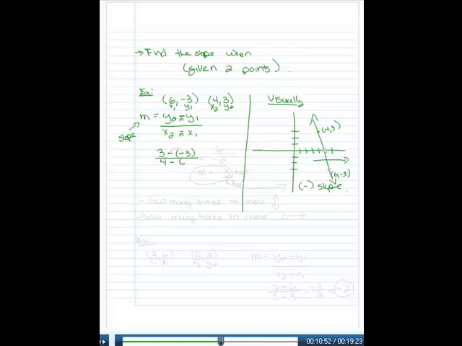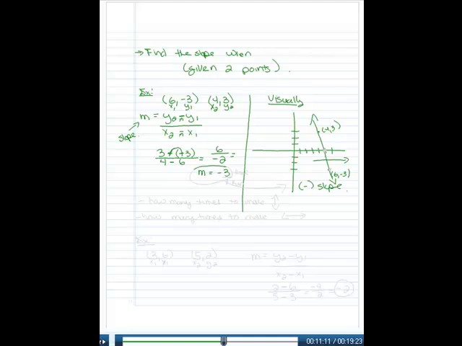So now we're just going to use the order of operations. This negative makes this negative a positive, so I really have 3 plus 3, which is 6. And here I have 4 minus 6, which is a negative 2. If we simplify 6 divided by negative 2, we get a slope of negative 3.